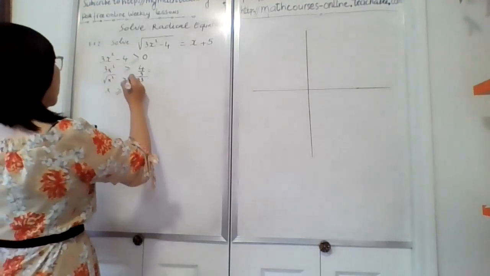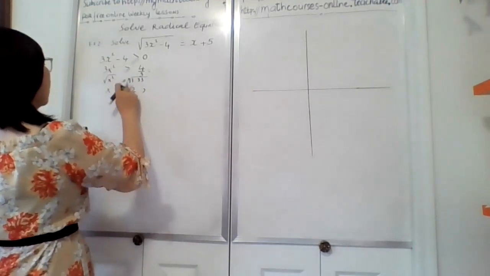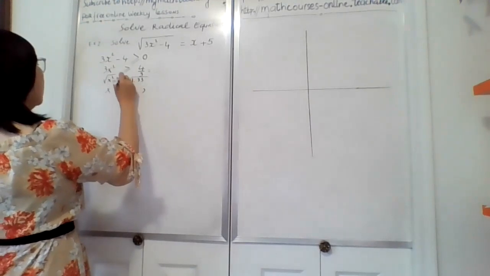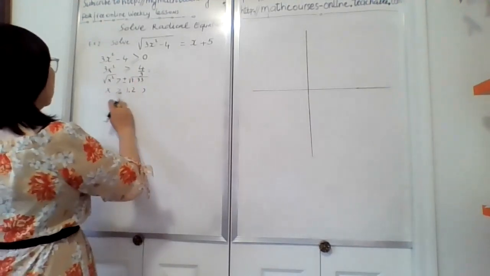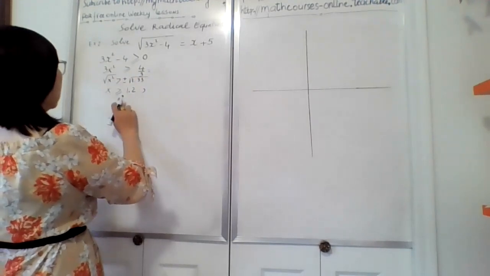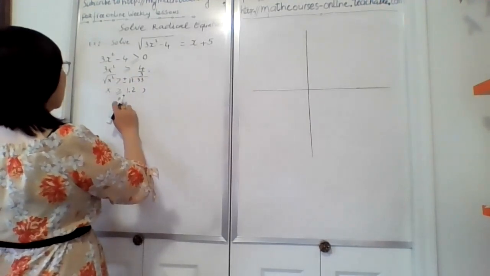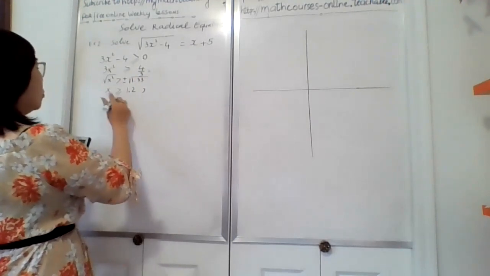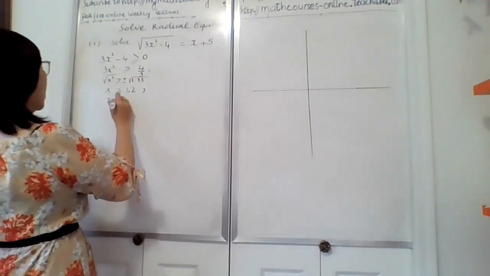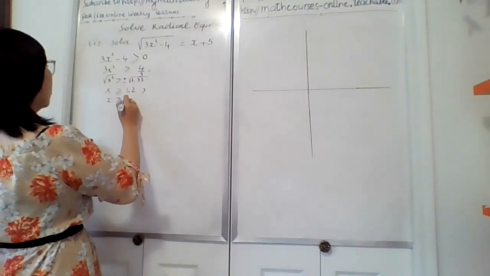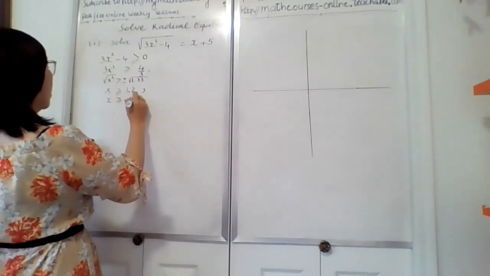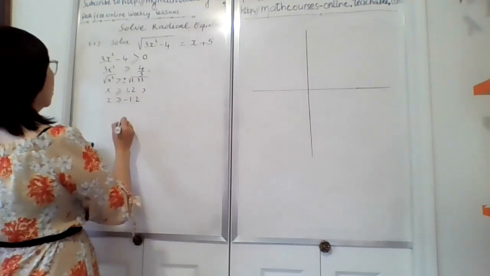But also, remember when we take the square root of this, we end up with one positive and one negative. So it means x has to be bigger than or equal to 1.2, but x also has to be bigger than or equal to minus 1.2.